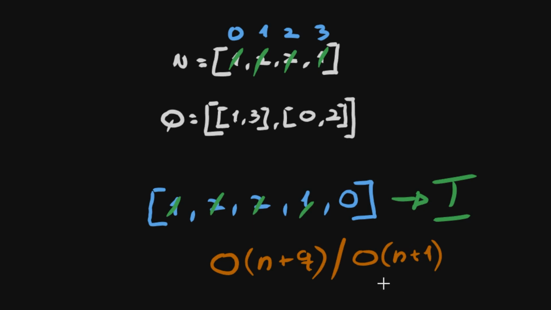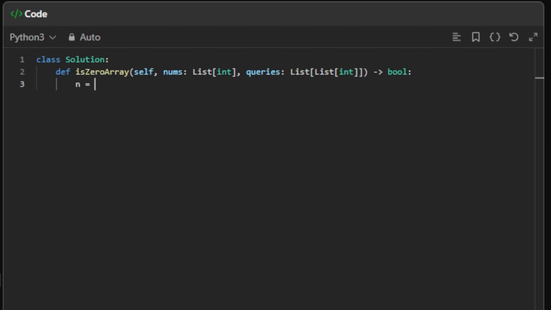So now let's go with the code, and hopefully you will get the idea. First, n equals length of nums. We are building an array with all zeros. This is times n plus 1. And now we are iterating queries, and each query will give us left and right values.